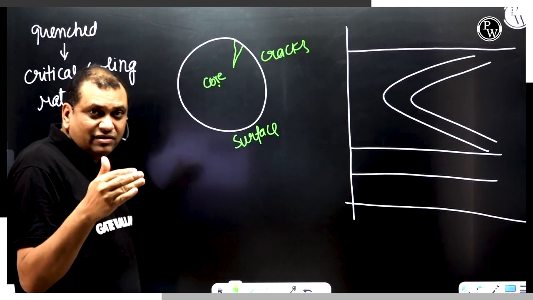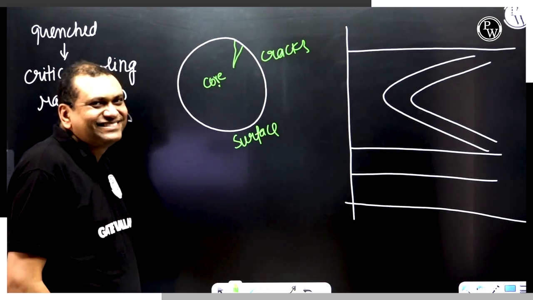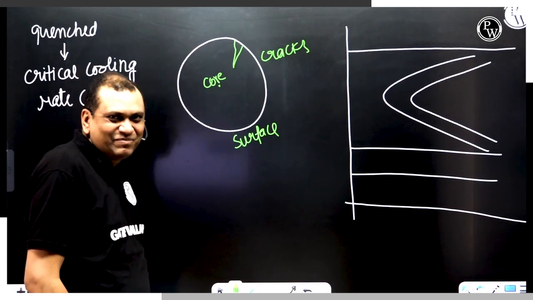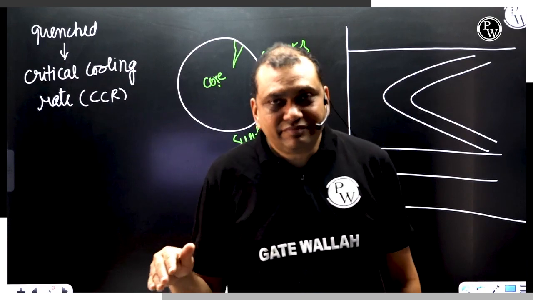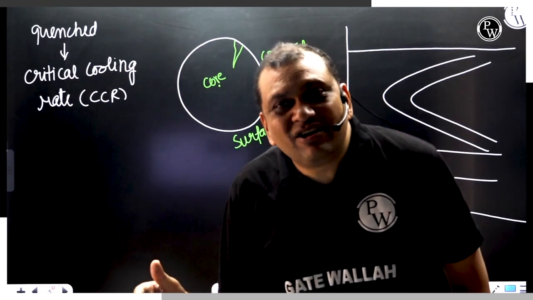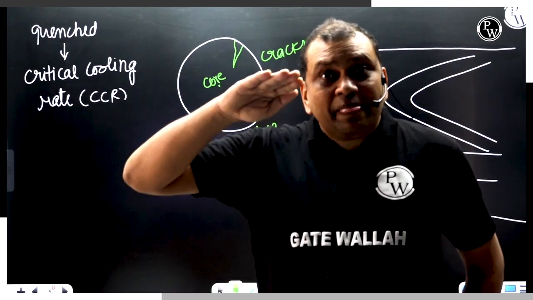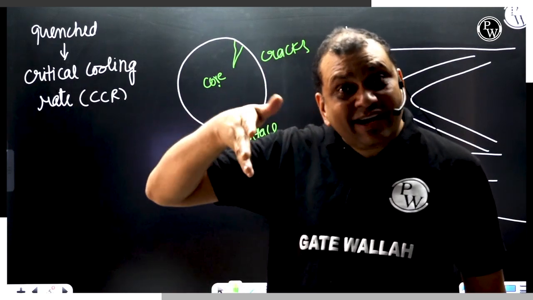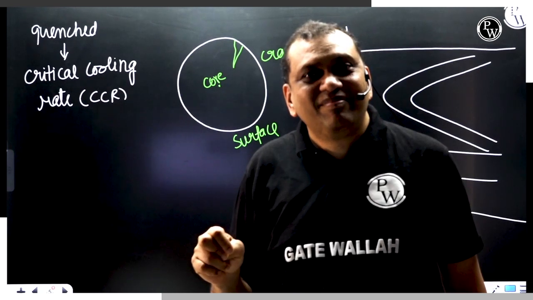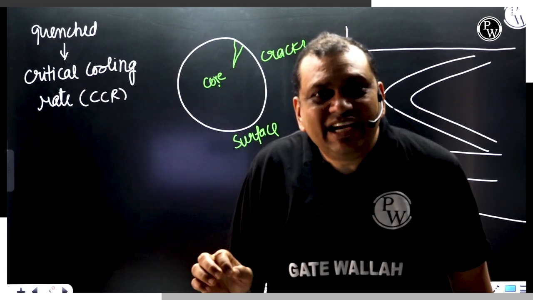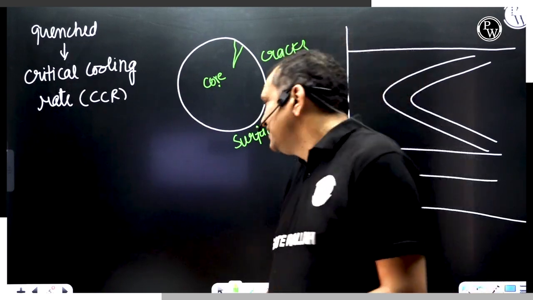Because the surface comes in contact with the quenching medium, it will immediately come to room temperature and become martensite.